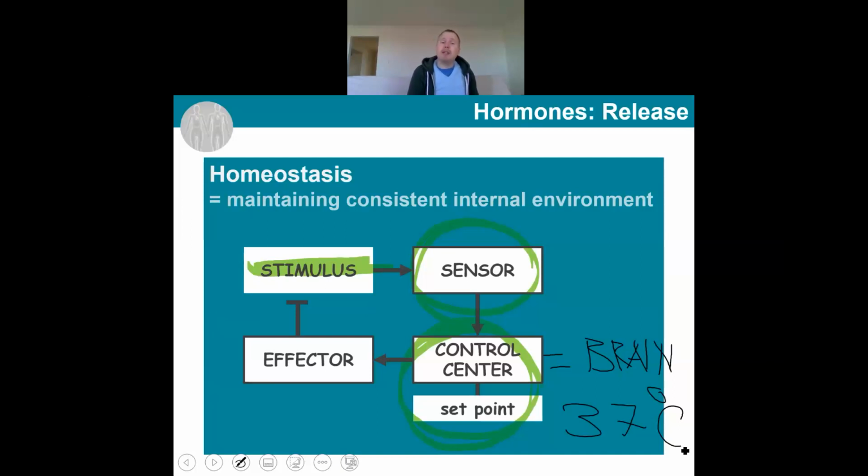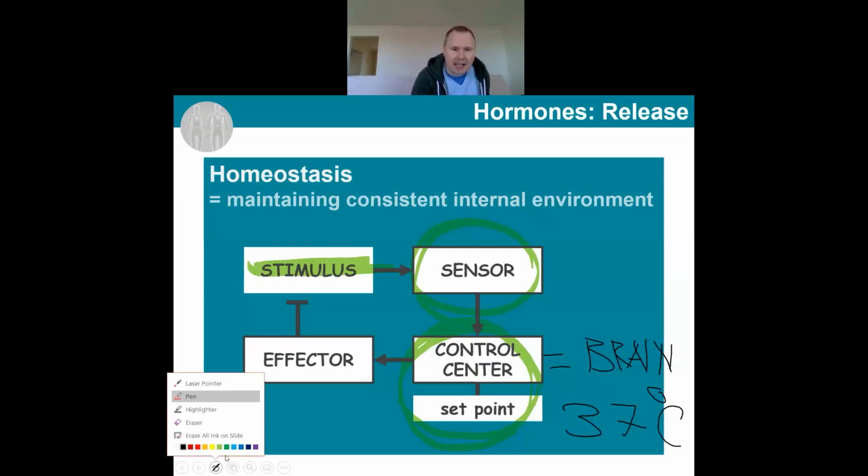So here we would be moving somewhere around 35, 36 to 38, 39 range in Celsius degrees. If it's anything lower or above that, you will react. And how we react to that is through an effector. So some sort of a response gets taken.